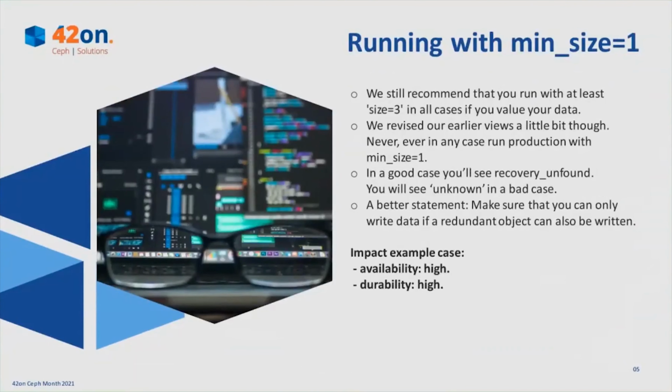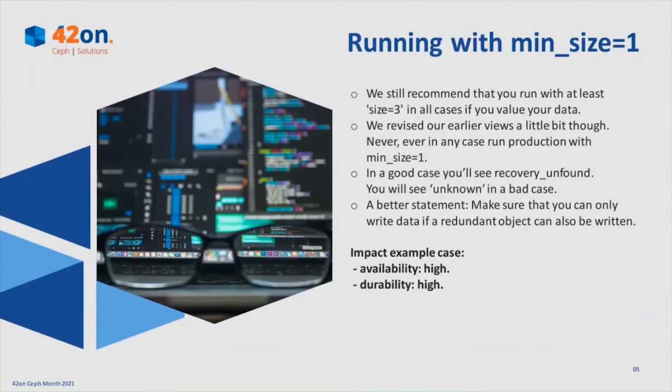Another one is the size is 2 was the previous one, but we kind of revised that to the min size is 1. We still recommend that in any case you always run with size is 3 if you value your data, or do something with the erasure coding. But we'd rather not see size is 2, and if we see size is 2, then please don't go with min size is 1.